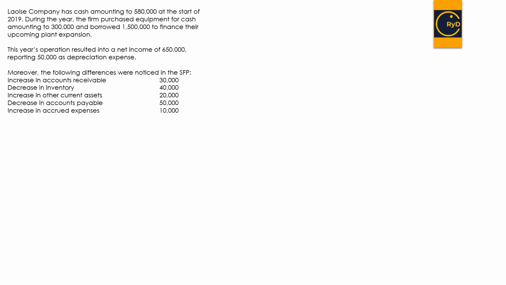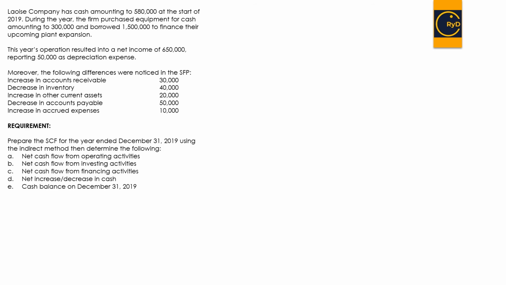This year's operation resulted into a net income of 650,000, reporting 50,000 as depreciation expense. And then there are differences here as noticed in the SFP. So we are required to prepare the SCF for the year ended December 31, 2019 using the indirect method.